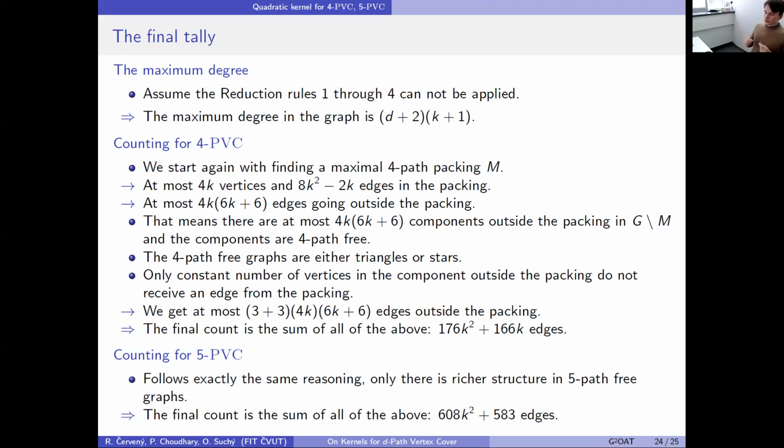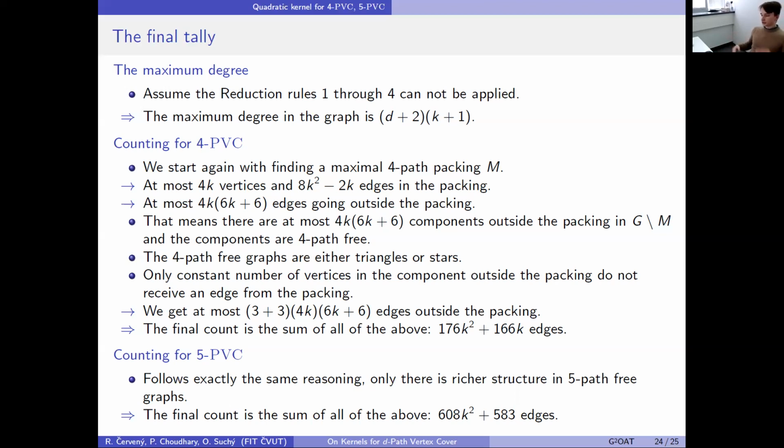that in the case of stars, there can be only 2 vertices in the star that do not use any edge that goes from the packing. Yes, I'm not going to go into details how do we do that, but the fact is that only a constant number of vertices in the component outside the packing do not receive an edge from the packing.